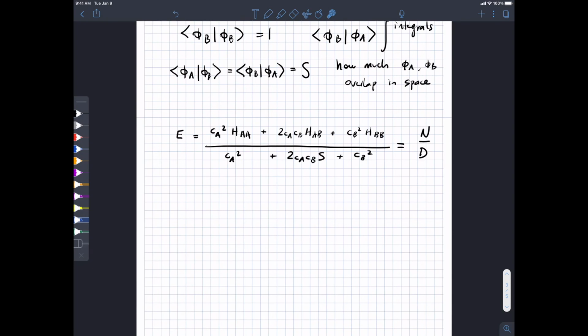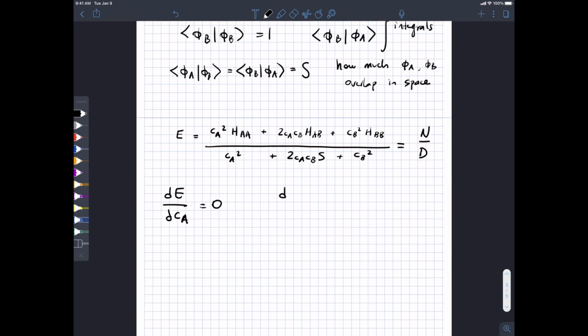Anytime anybody says minimize something, you should be thinking first derivative, because a minimum in a function is where the first derivative equals 0. Also happens to be a max, but we're going to be looking for minima. I'm not sure how we determine whether we've got a minimum or a maximum, but oh well. So what we want to do is take the first derivative of this whole thing with respect to coefficient A and set that equal to 0.